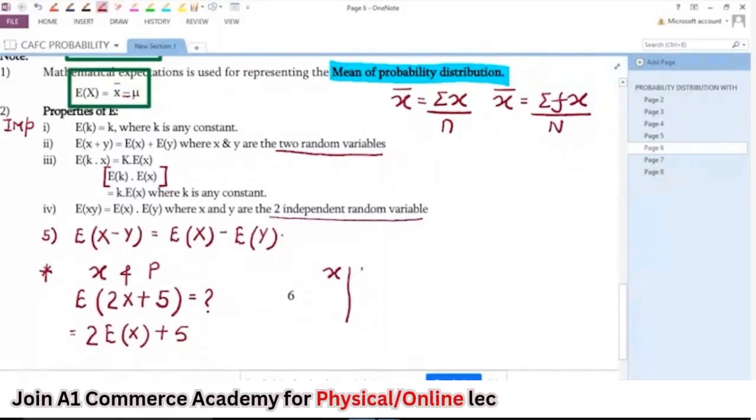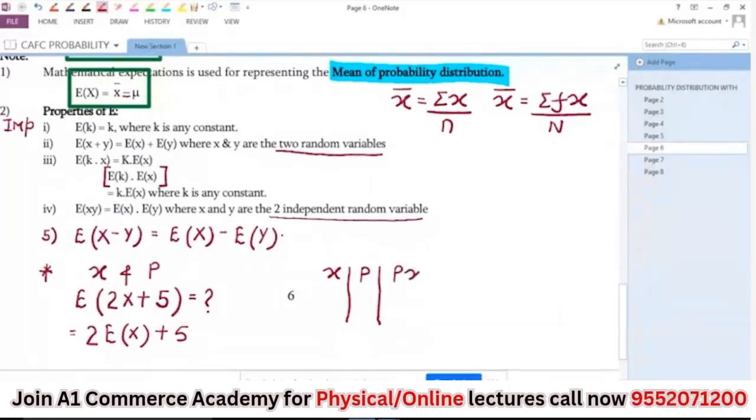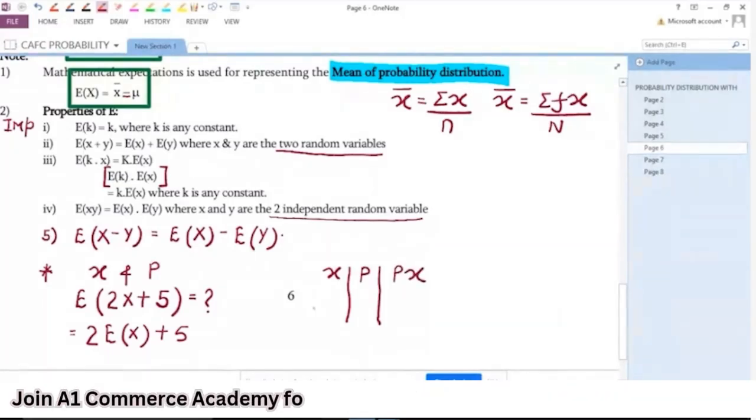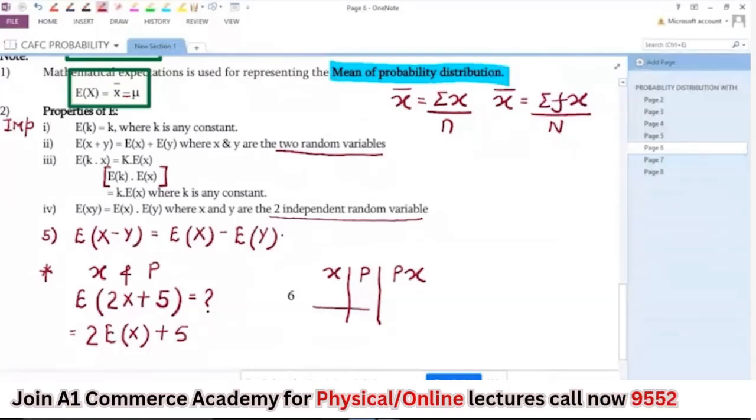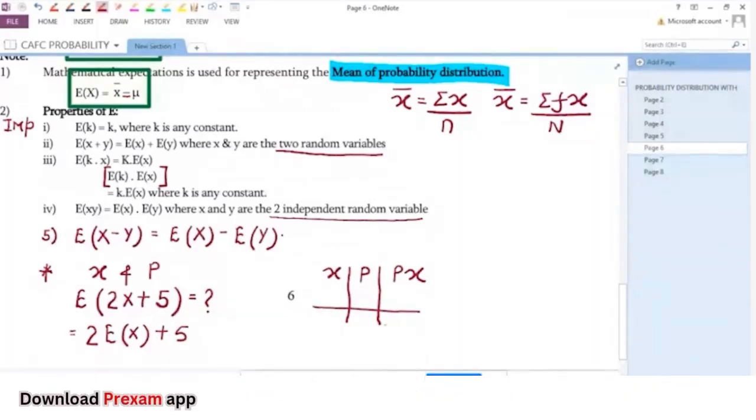First column X, second column P, third column PX.